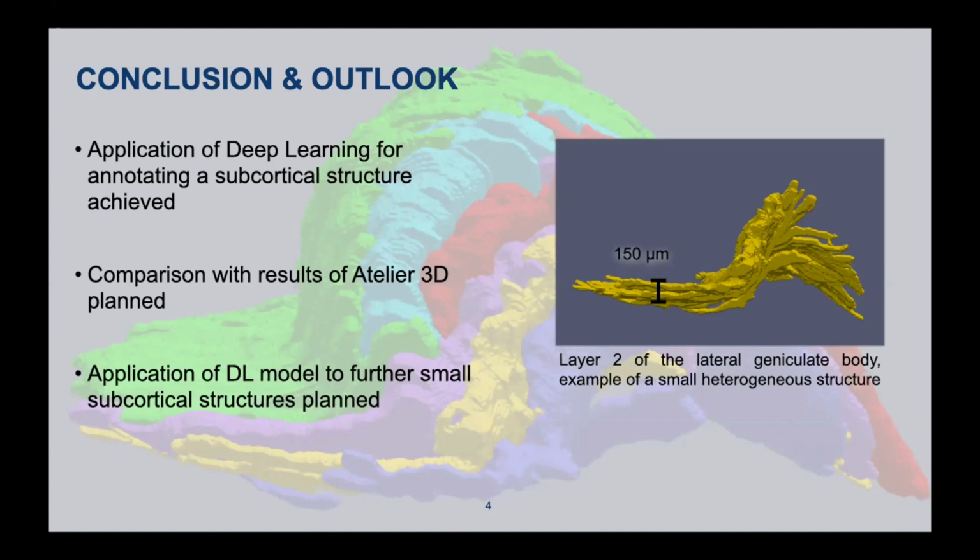So especially for heterogeneous and small structures, this deep learning approach might be more accurate, but to be honest, we don't know this yet for sure. Therefore, we are very excited to compare these results maybe with Atelier 3D. But of course, we would also like to try this deep learning model for other subcortical structures.